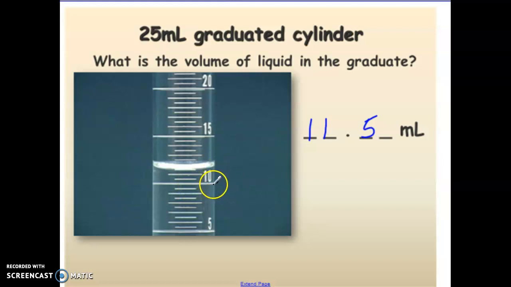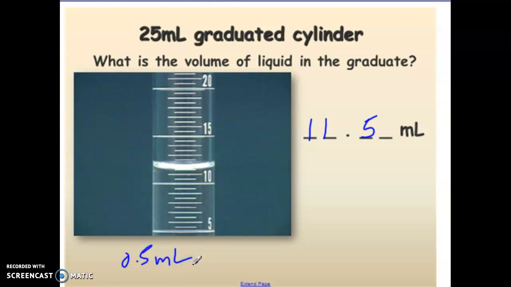So here we have 10, and here we have 15. So if you count out the number of lines that are here, we have 1, 2, 3, it's hard to see, but there's another one there, 4, 5, 6, 7, 8, 9, 10. There are 10 lines in between the 10 and the 15. So that actually means that each line is representing 0.5 milliliters.